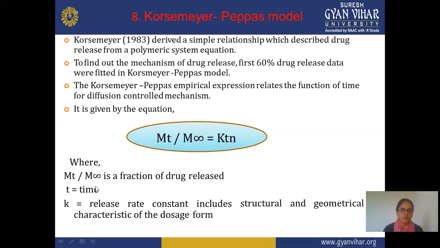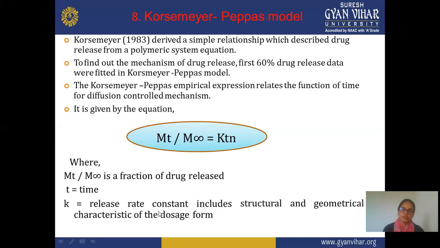According to this equation, Mt divided by M infinity is the fraction of drug release. Means how much fraction of the drug is released through this tablet or this particular formulation. The next thing is the time, means how much time is required to release the fraction of a drug.